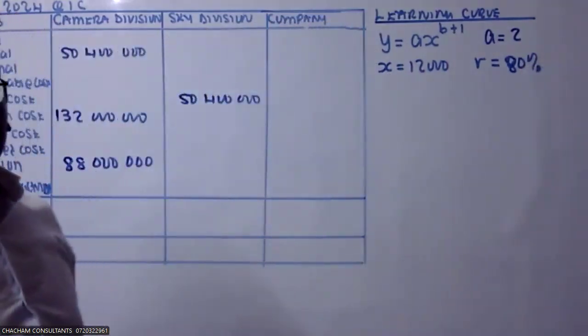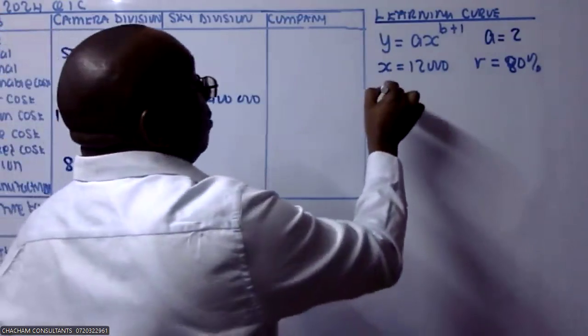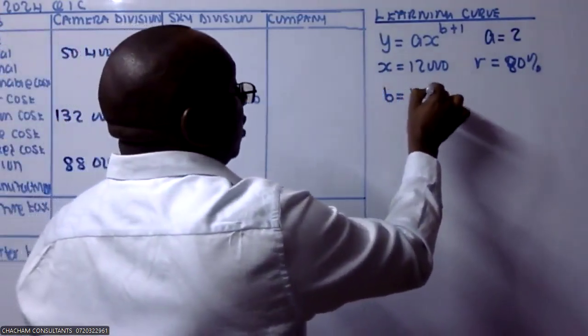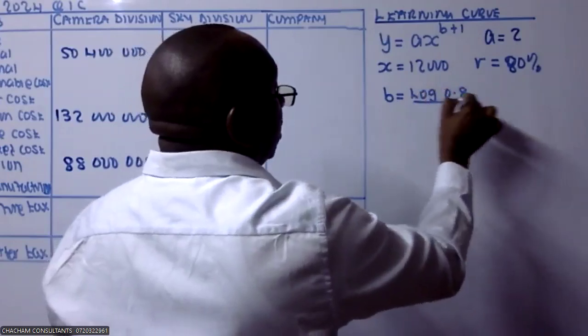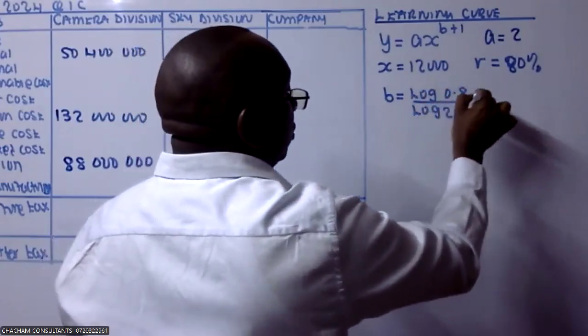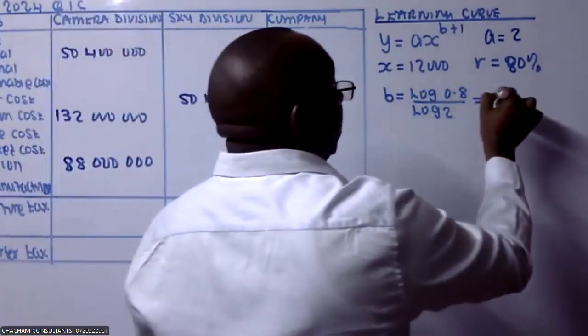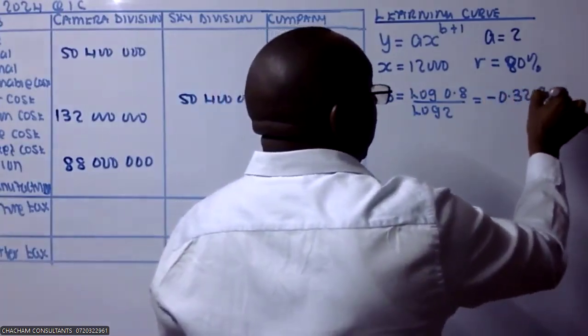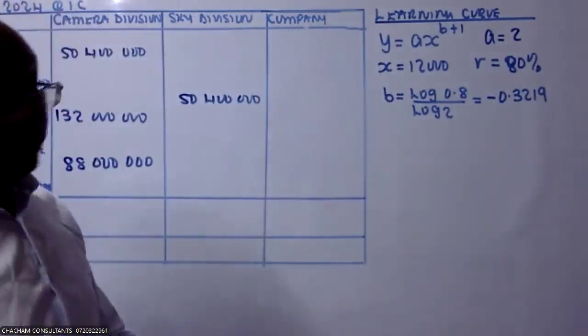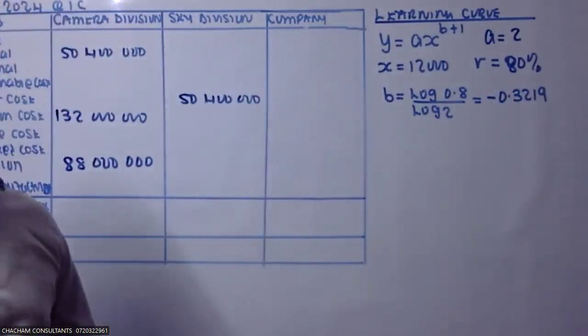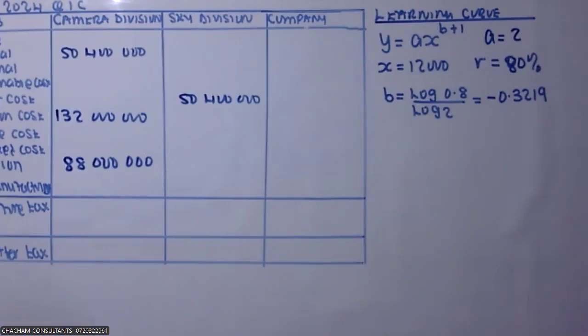So our B should be the logarithm of 0.8 divided by the logarithm of 2, which the examiner has already told us is negative 0.3219. Can you confirm that is the case? Work it out. Yes.